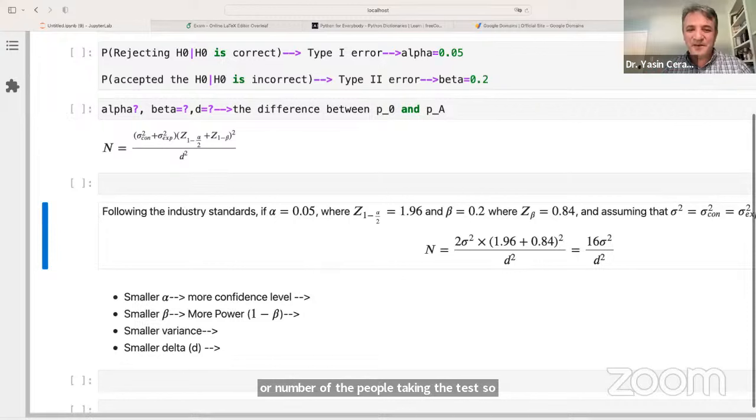So let me check if we have any questions. When I decrease beta, my alpha will decrease. And how should I think about it? If you want to decrease beta, you need to decrease alpha. If you decrease beta, your alpha is not going to decrease, right?